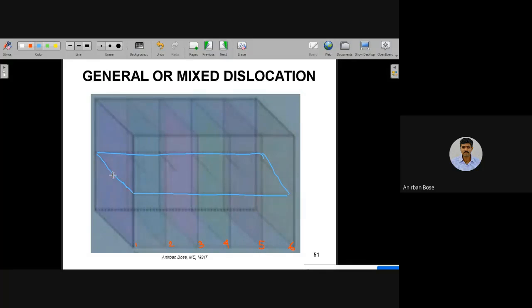And now we are going to cut a region which is this one. Okay, now we are going to cut a region like this, and the top portion we are going to give a push with respect to the bottom portion, and then try to visualize what will happen to the crystal.